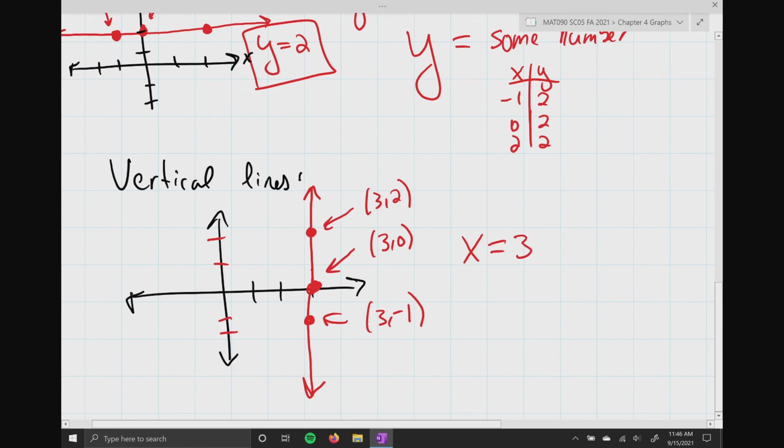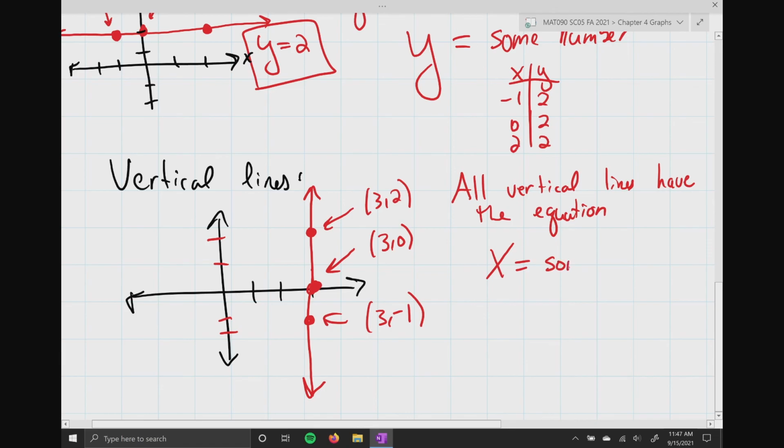Therefore, all vertical lines have the equation X equals some number. So, if you see X equals some number, you got to be able to recognize, oh, that's a vertical line.